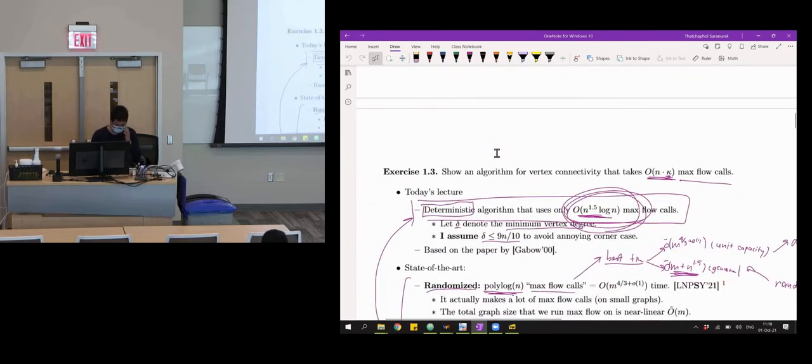Yeah, this one. Show a deterministic algorithm that can solve vertex connectivity just by using this max flow.